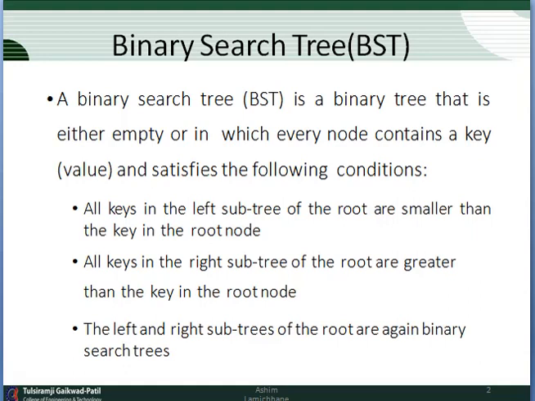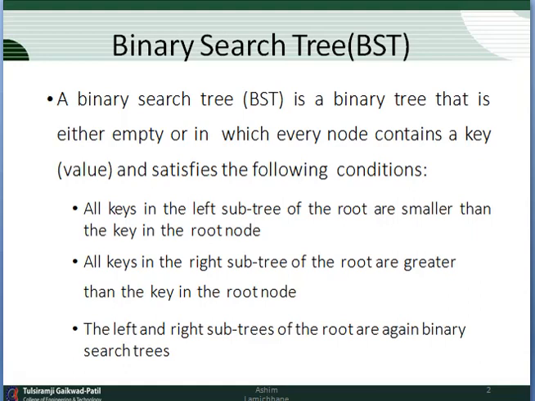Means whatever values or nodes are present on the left hand side of the root node should be less than the root node. For example, if the root node is 10, then the values or nodes or keys which belong to the left subtree of the root node 10 should be less than 10. This is the first condition.